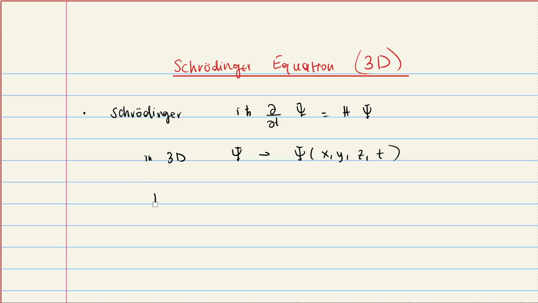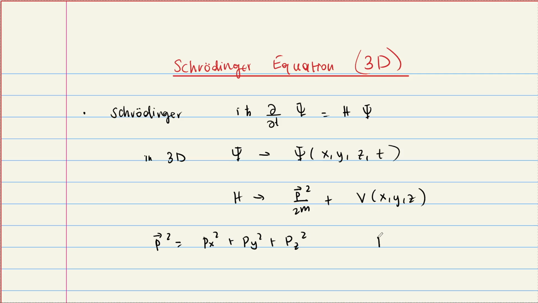And also H is going to go to a vector p squared over 2m plus V as a function of another vector. If you want, I can write it like this: x, y, and z. And this p squared is px squared plus py squared plus pz squared.